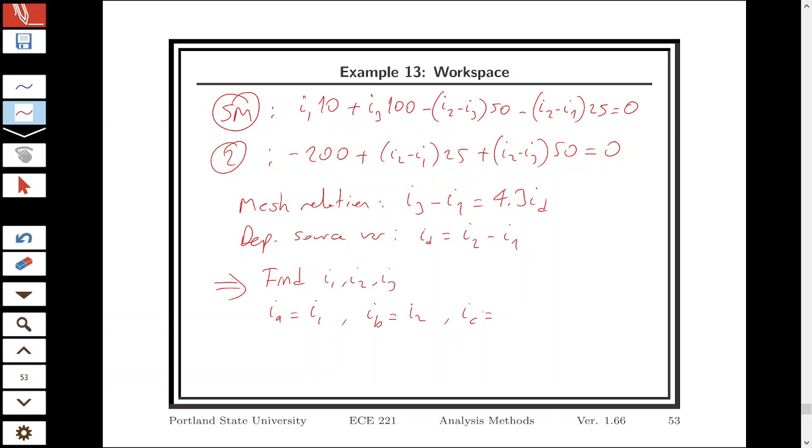IC is I3. ID is I2 minus I1, and IE equals I2 minus I3. Okay, so question solved.